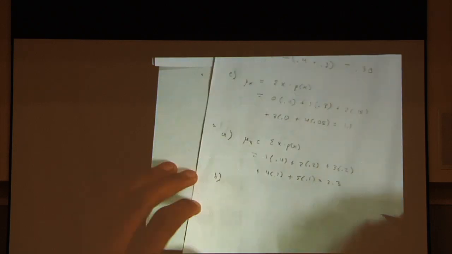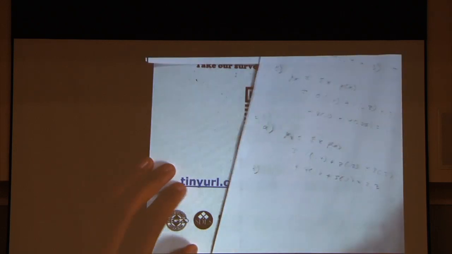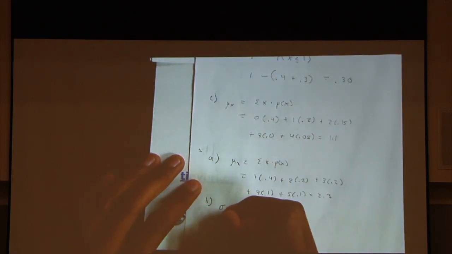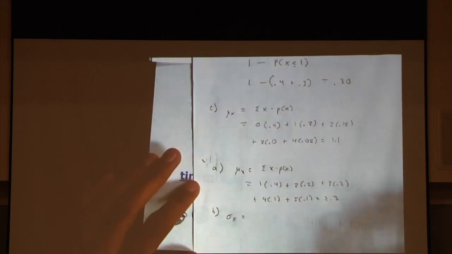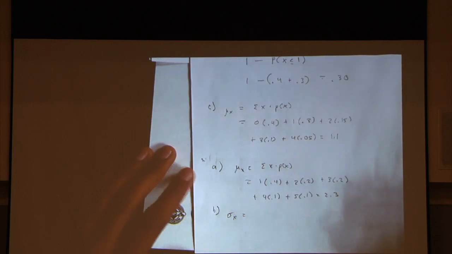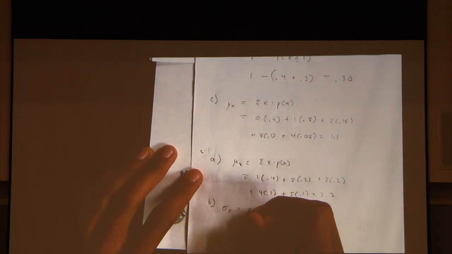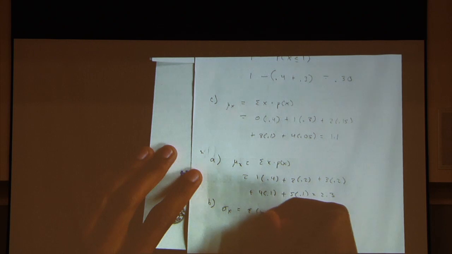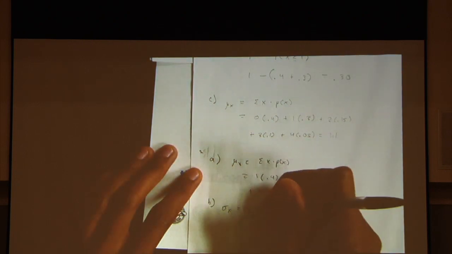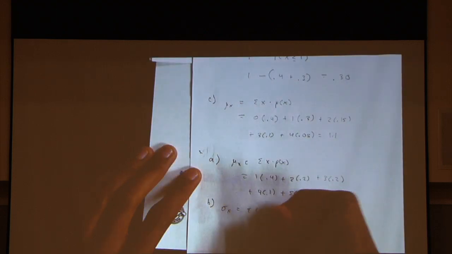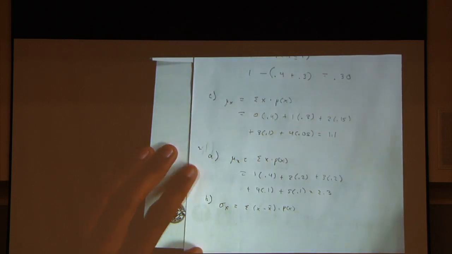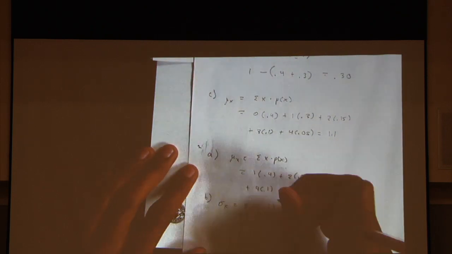Variance shows the variability within your data set, right? So we all know that the equation is going to be, well, there's the shortcut and then there's the long way of doing it, where you'll sum up each x minus the mean, squared, times the probability of them, if you guys can remember.